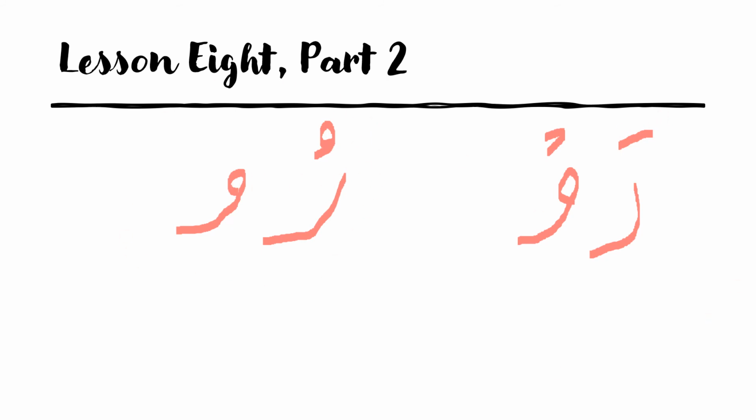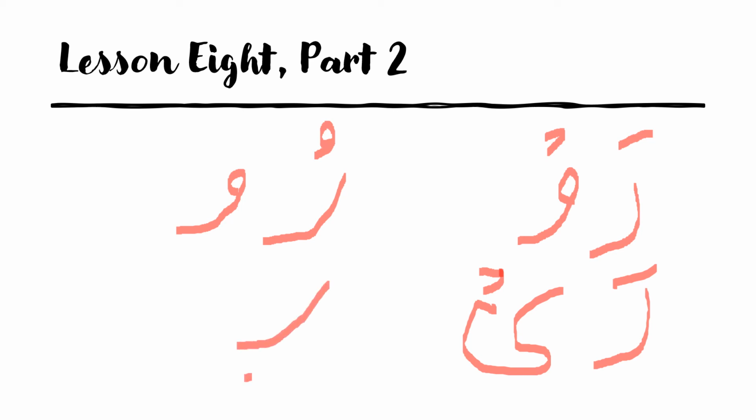And similarly will be this here. This is rai, ra fatha ya sukoon rai, while this is re. So this is rai and this is re, the same thing, because this is fatha with the ya, number one.